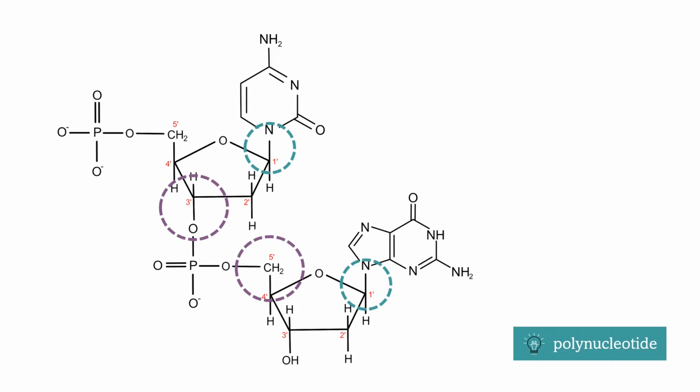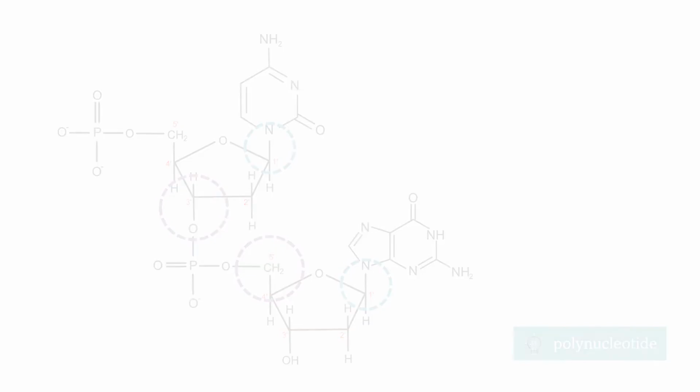Okay, so you probably know that Watson and Crick, together with other important scientists, found out that DNA actually consists of 2 polynucleotide chains that form a structure called double helix. This is possible because there are hydrogen bonds between bases of the opposite chains.